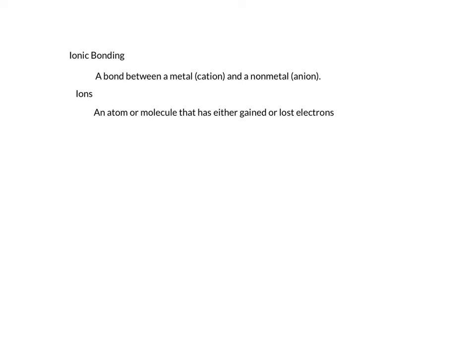I've already given you there are two types of ions that we're particularly going to be looking at. The first one is the cation, and the cation is a metal atom that typically will lose electrons.